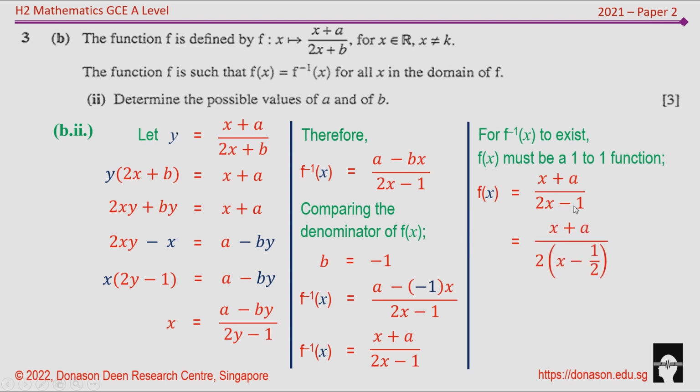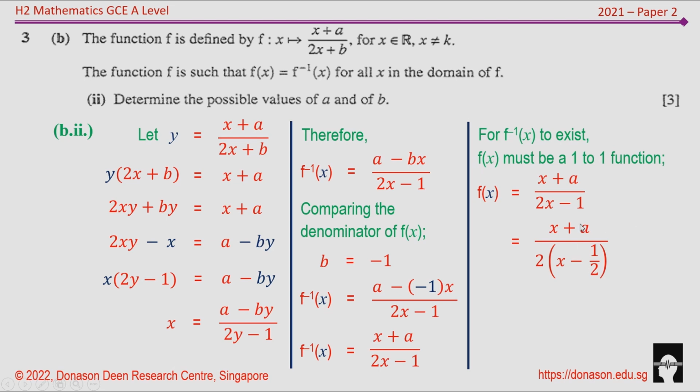Now let's go to the denominator. If I were to factorize out a 2, I'm going to have 2 bracket x minus half, right? Because 2 times x is 2x, 2 times half is going to give you a 1. So this is exactly the same as this, right? Now can x plus a be equal to x minus half?